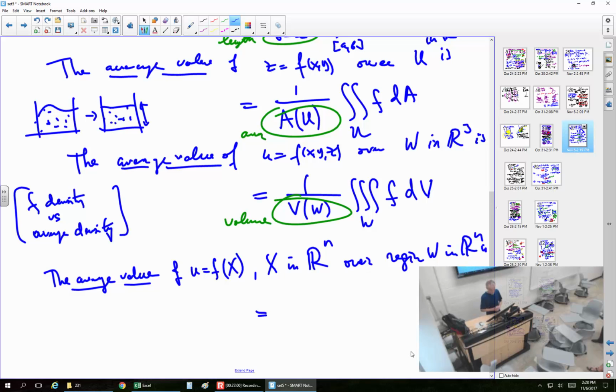It is the n-fold integral over the same W. Since when you have n integrals, you don't want to have n integral signs, I just have one. As long as I'm specific, I said that my region lies in Rn, so we know that this is an n-dimensional integral. I know that my function also has n variables, and I can write it this way, which is fine. The only thing that remains to be determined is what the denominator is.